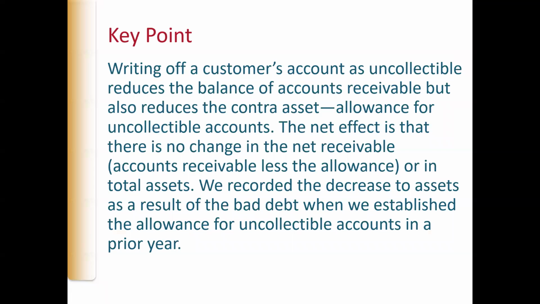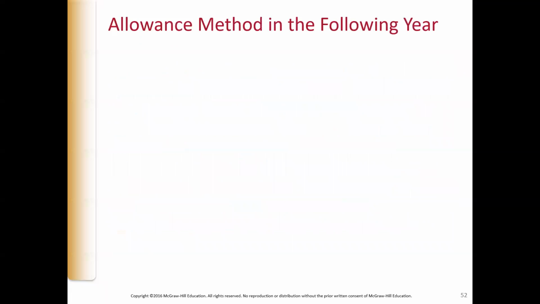The net effect is that there is no change in the net receivable, the accounts receivable less the allowance, or in total assets. We recorded the decrease to assets as a result of the bad debt when we established the allowance for uncollectible accounts in a prior year.